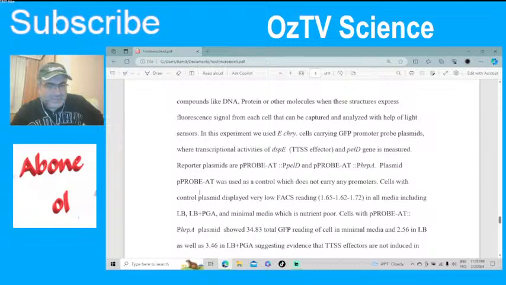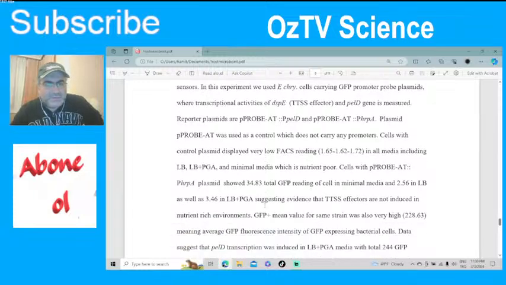So this was the empty plasmid. It doesn't carry any promoters. Cells with control plasmid displayed very low FACS reading. See, no reading at all. Low reading because it doesn't have any promoters to turn on the GFP gene.